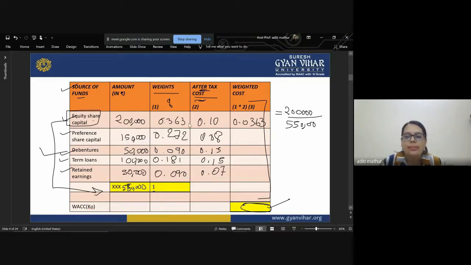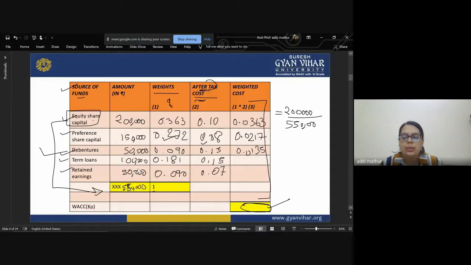Now let us multiply the weight of preference with the cost of preference after tax, that is 0.272 into 0.08, which is equal to 0.0217. Now for the debentures, it is 0.090 into 0.15, which is equal to 0.0135.